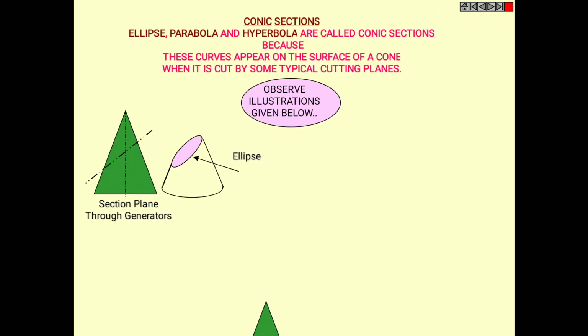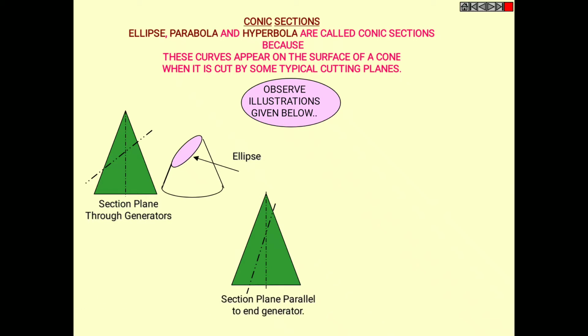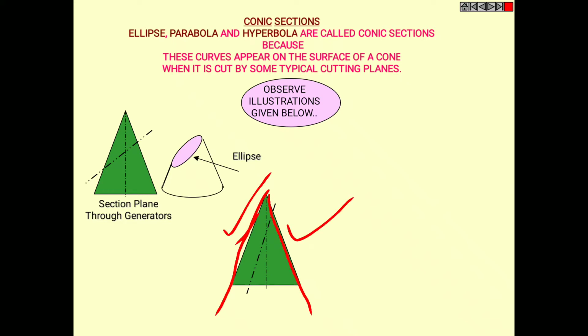As we have seen how the parabola looks, this is the center axis of the cone and the section plane parallel to the end generator. There are two end generators. If a section plane cuts parallel to either of them, that is the section plane parallel to the end generator.